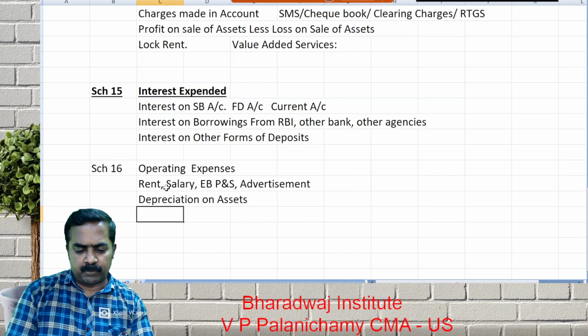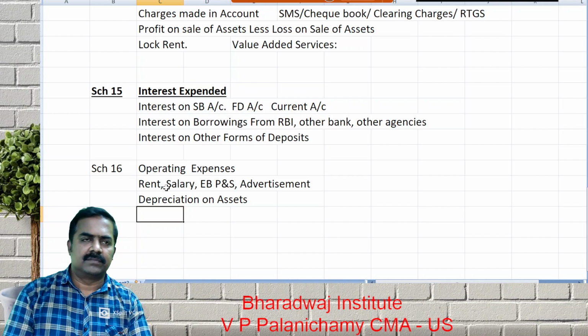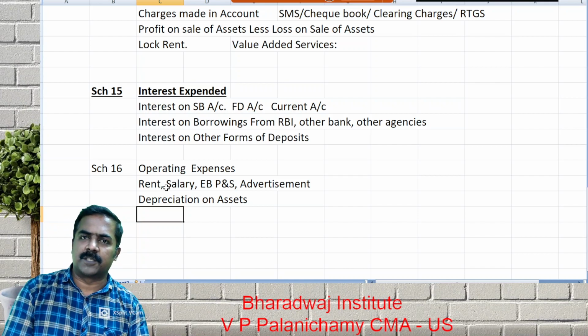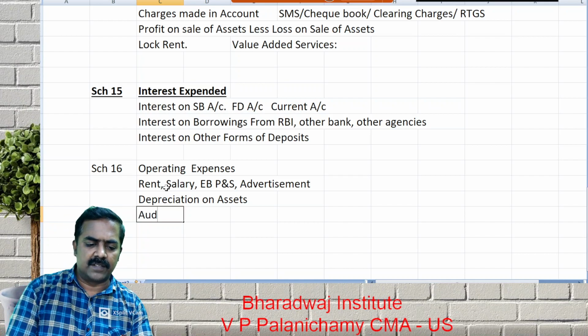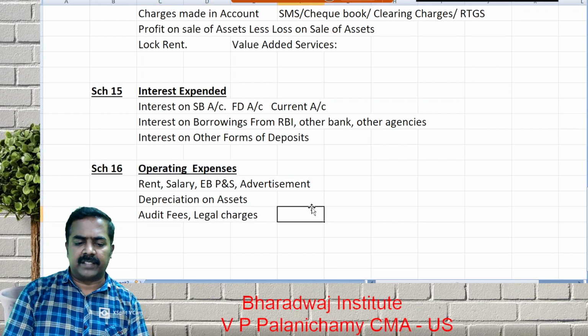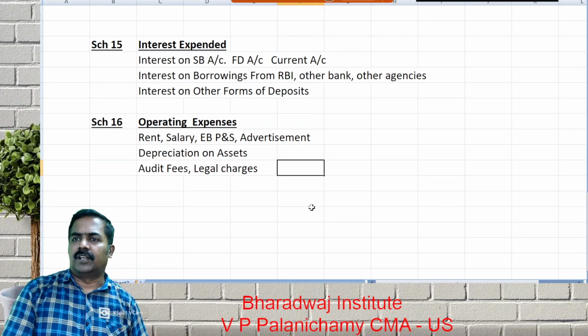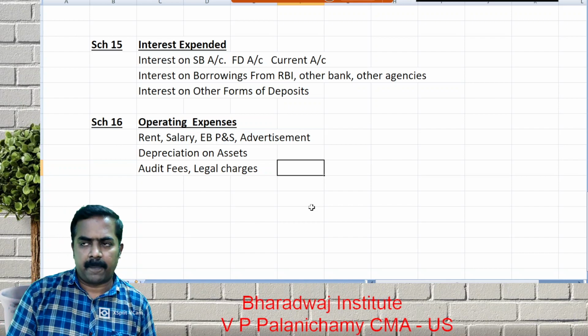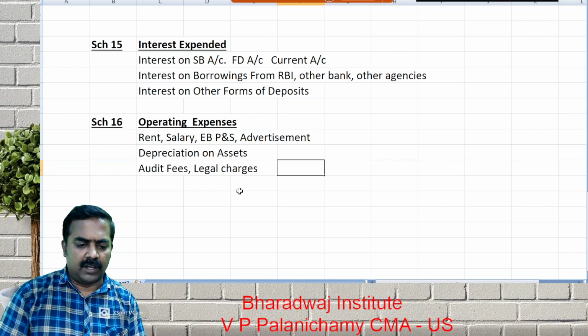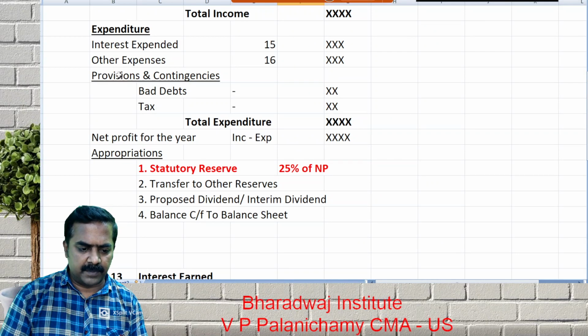Then what else can come? Any marketing expenses, any business promotion expenses, audit fees, legal charges. So anything that is required for running and maintaining the banking company will come under which one? Operating expenses. Change it to operating expenses, that's better.